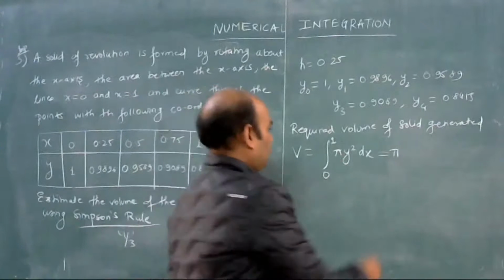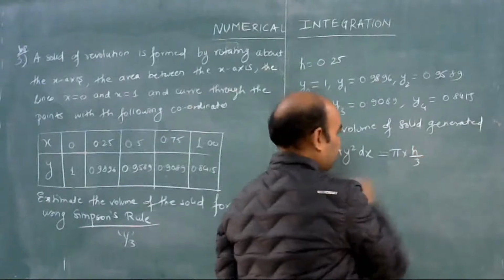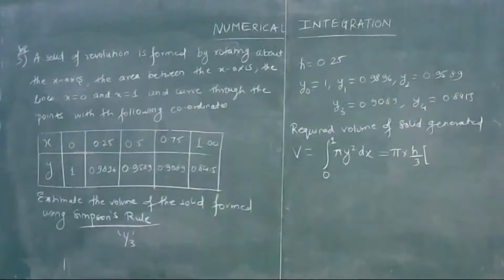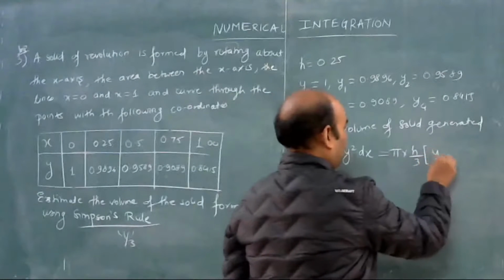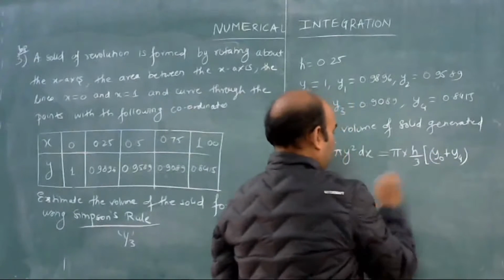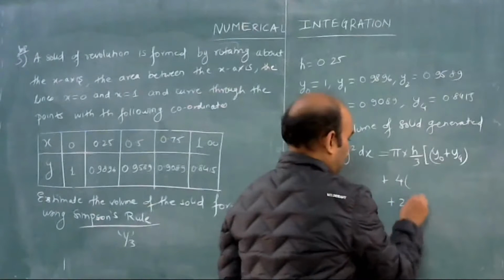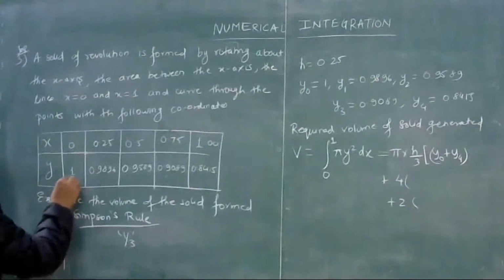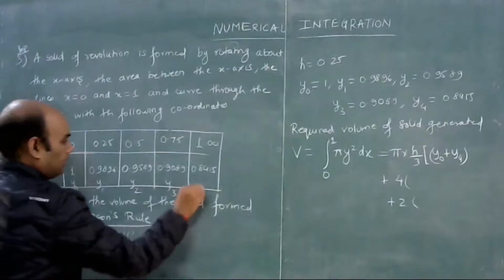Okay. So we are applying Simpson's 1/3 rule. So y0 plus the last term y4. Okay. Plus 4 times the remaining and plus 2 times even terms. So this is y0, y1, y2, y3 and y4.